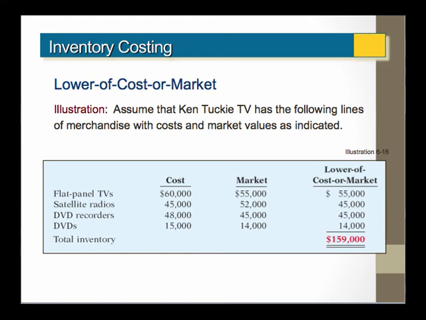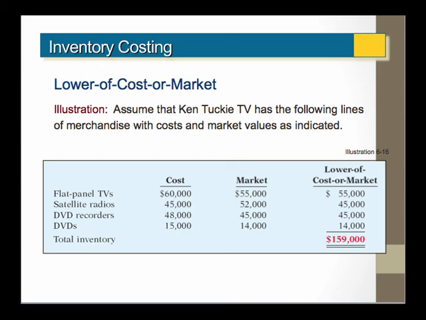To exercise lower of cost or market, we would look at the cost of the asset and compare it to the market value. So in the case of flat panel TVs, where the cost is $60,000 and the market value is $55,000, we could see that the market value is lower. Now the question is, is the lower market value permanent?